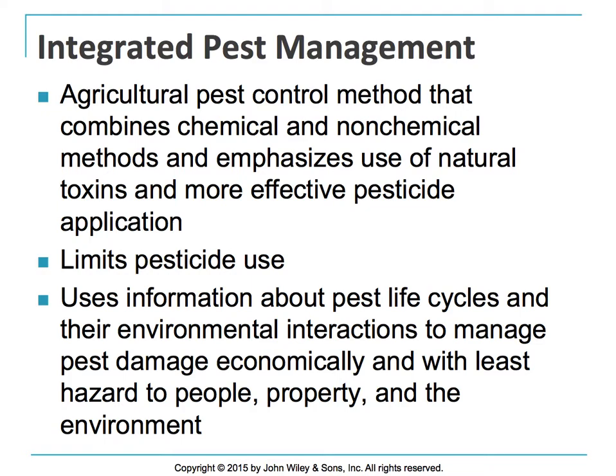For example, I had some insects, I can't remember what bugs they were, that were really destroying my vegetable gardens. And so I didn't want to use pesticides on the food that I was eating. So I went and bought some beneficial nematodes.